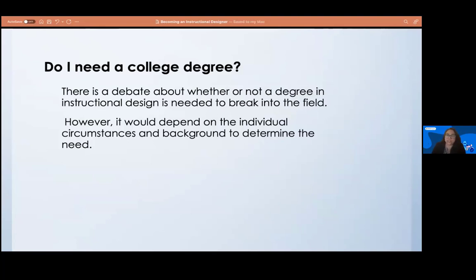They have certain standards that you have to fulfill, and most likely they will ask for a college degree and a master's or doctorate level.